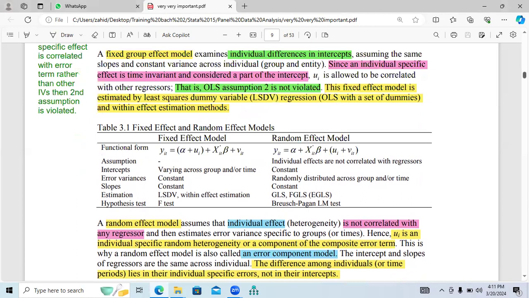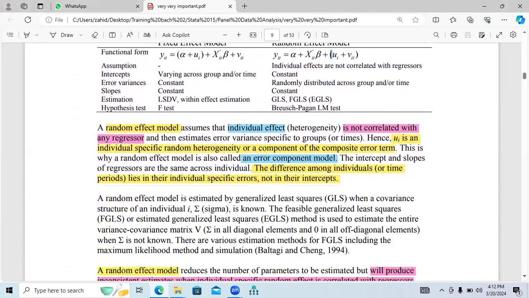So in case of your random effect, the individual or cross-sectional effect would be considered for the error term only. They would not be considered for your regressor or independent variables.